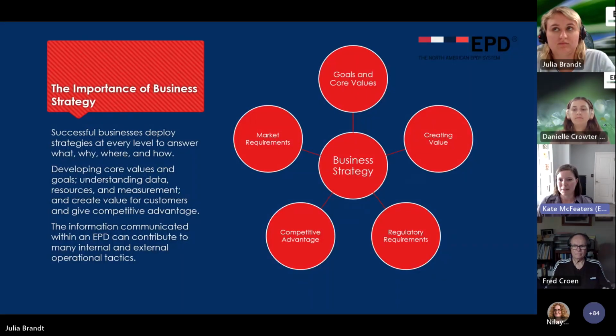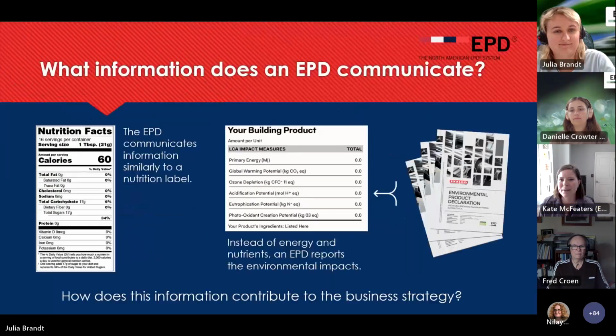These are all components of the business strategy. And in the next slide, I'm going to begin talking about how this information that's communicated in the EPD can contribute to all of those internal and external operational tactics that fit into your business strategy. Next slide, please.